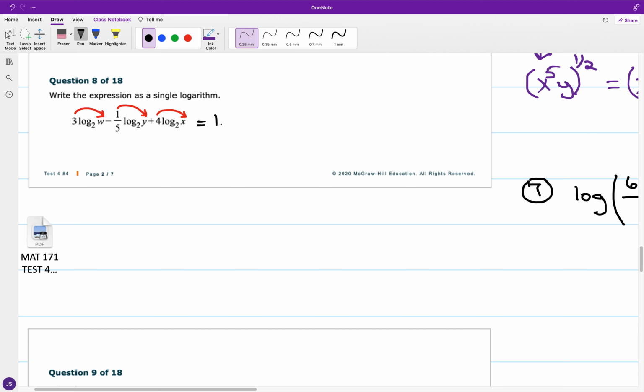And we have a set of base 2 logarithmic terms. For the first, we have the base 2 logarithm of w to the 3rd. Next, we have minus the base 2 logarithm of y to the 1/5.